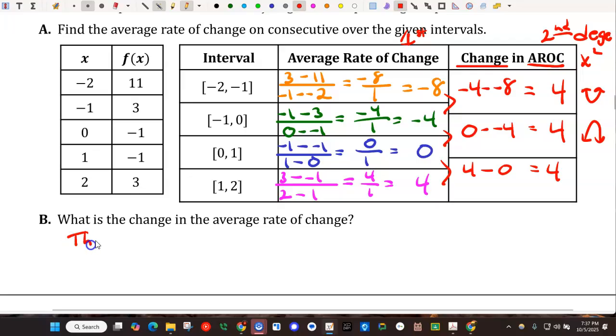That change in the average rate of change is 4. And we could say the average rate of change of f of x, that's the name of the function, is 4 as well. Be a little more specific.